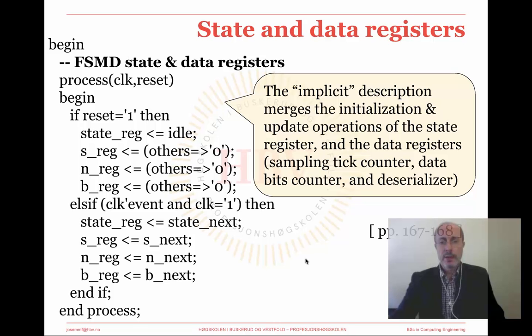So this slide shows the FSMD state and data register segment, and it also contains the usual code for initializing the register structures when the asynchronous reset input is active, or otherwise to move them on to their next state.